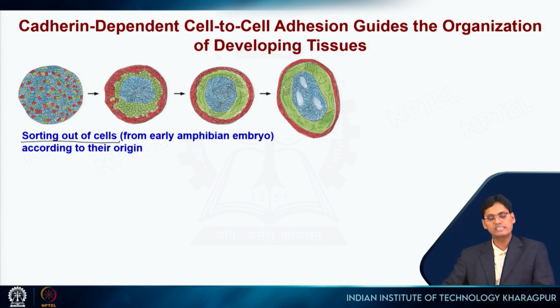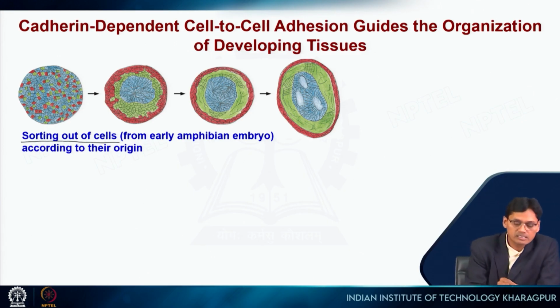Scientists took cells from an early amphibian embryo. Amphibian embryo means, for example, a frog embryo or salamander embryo, but an early embryo. They took those cells and mixed them together. As you can see here, this is the initial point of the experiment. Cells are mixed together here.